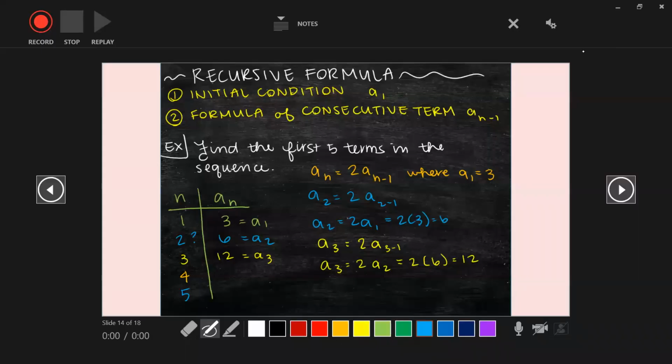All right, Ethan, what's the 4th term in the sequence? So the 4th term, we are going to have a sub 4 being equal to 2 times a sub 4 minus 1. So a sub 4 is going to be 2 times a sub 3. What is a sub 3?